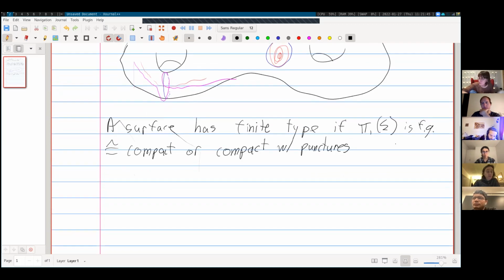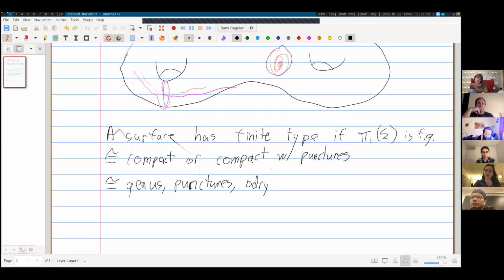And then another way is it's one of these surfaces that fits into the standard classification where you have genus, punctures, and boundary, and each of those is a number, and that tells you everything you need to know about the surface. Okay, these are the finite type surfaces.